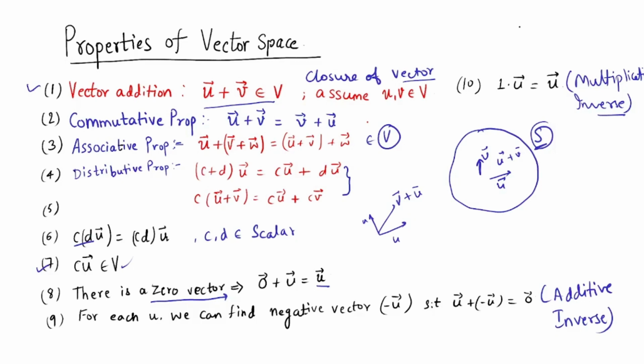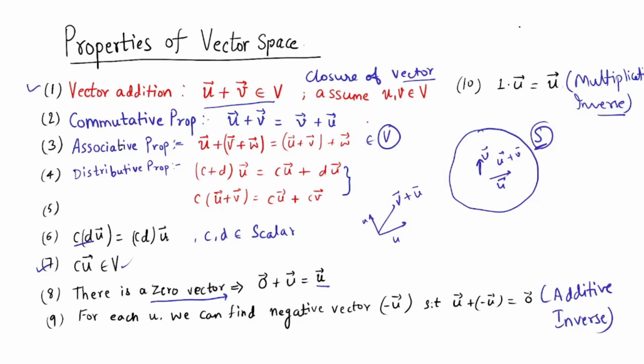Property numbers 4 and 5 are basically distributive properties, so either you take a constant and add to the vector, or multiply those vectors with a constant. Property number 8 is very important, which is the zero vector.